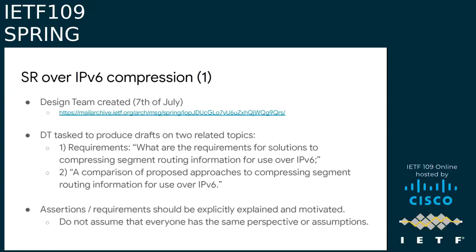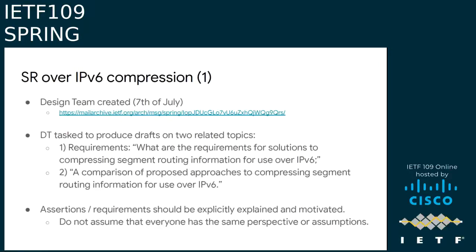So just to level set everybody, the chairs of the Spring Working Group created a design team on the 7th of July, specifically to look at the subject of compression, or SR over IPv6 and compression, and we tasked the design team with two rather broad topics.